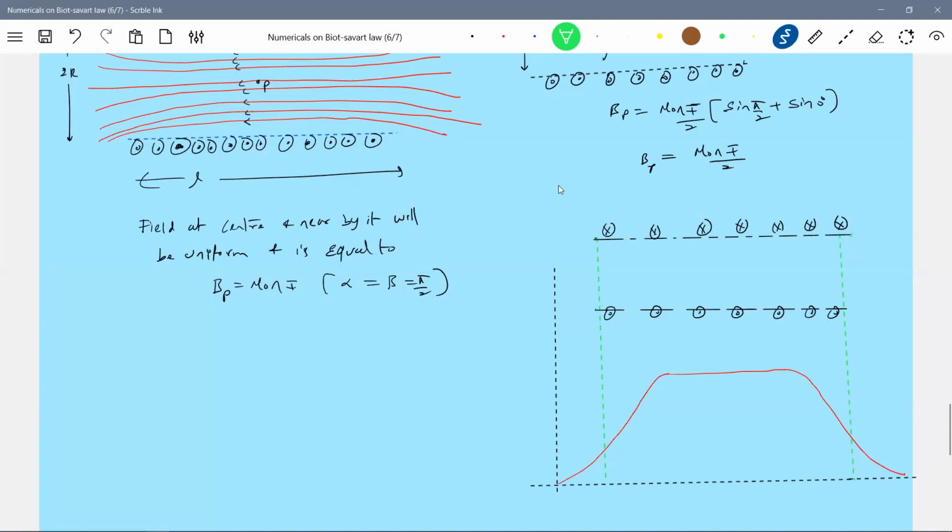Okay, the field strength here is mu naught Ni. Now you can see clearly, somewhere in the central middle of the solenoid, in this region, it is uniform. At the ends, mu naught Ni by 2. You can see the curve clearly now.